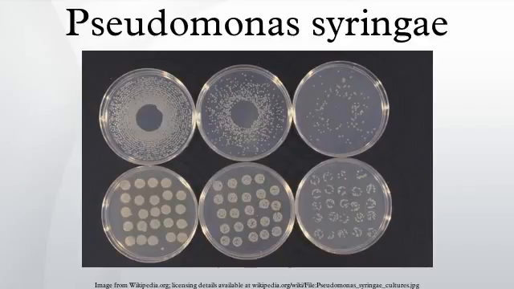Pseudomonas syringae pv. phaseolicola causes halo blight of bean. Pseudomonas syringae pv. pisi attacks Pisum sativum. Pseudomonas syringae pv. syringae attacks Syringa, Prunus and Physalis species. Pseudomonas syringae pv. glycinea attacks soybean, Glycine max, causing bacterial blight of soybean.